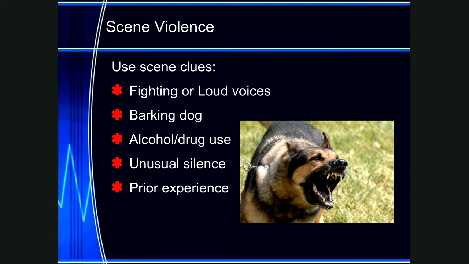Barking dogs inside of a house, you might want to get the dog put outside, even though the owners say, oh, you know, Fluffy over there, he's a nice dog. He's just saying hi. Well, he doesn't know who you are. So he may greet you a little bit differently with a bark and a bite. Don't get in that situation. Small dogs, yappy dogs, they bite too. Don't always think it's just the big dog.